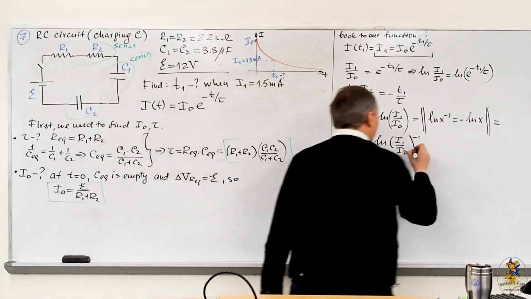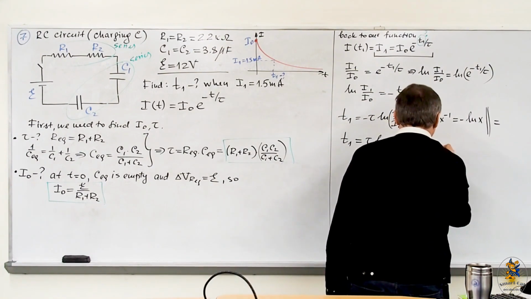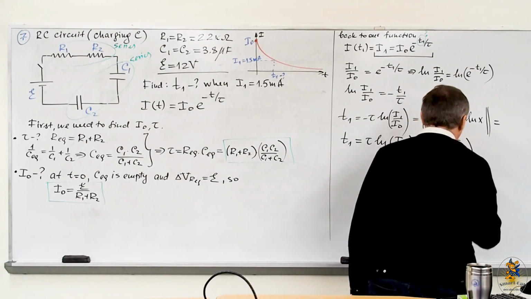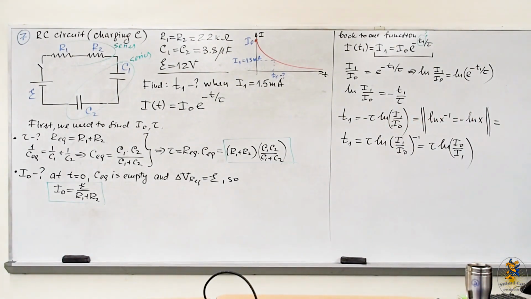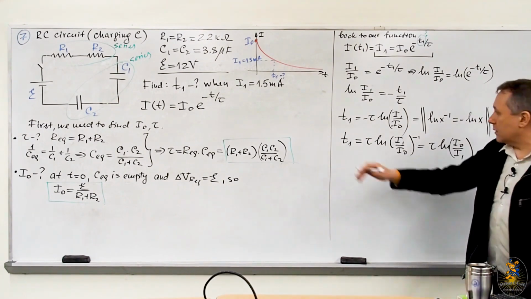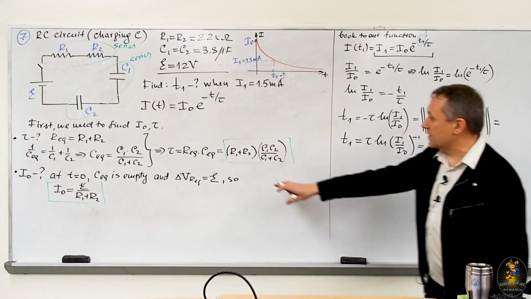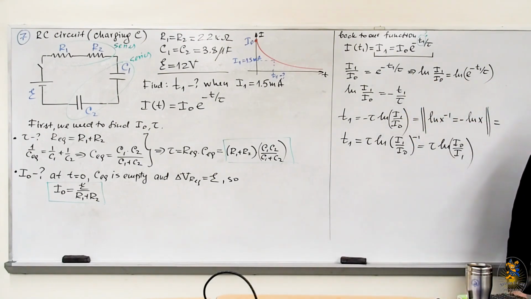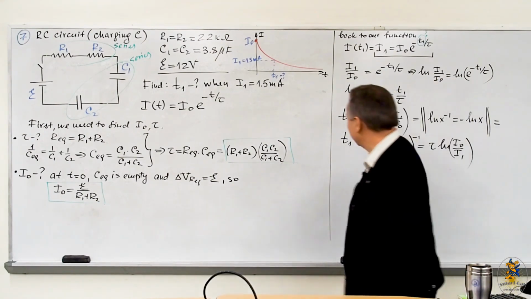And so we just need to flip that ratio. So it's tau natural log of I naught over I1. That's the answer, but we need to plug in the numbers. I will just plug in these expressions, in order to have an impressive, complicated structure.